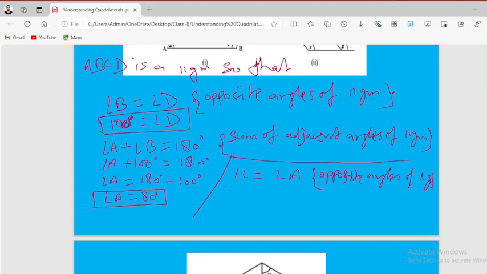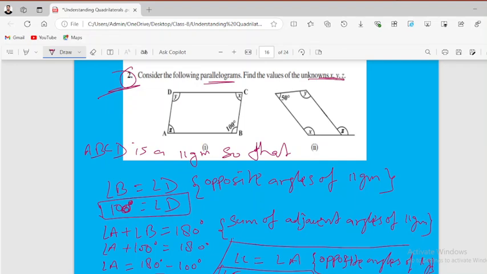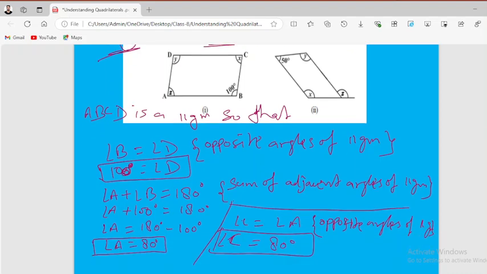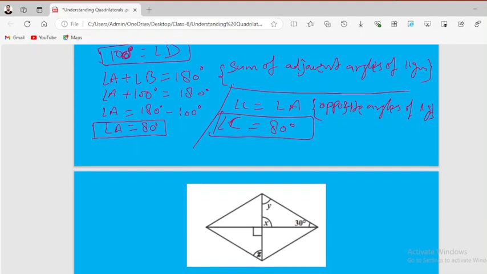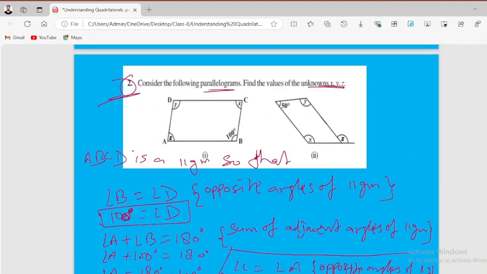So angle C is 80 degrees. This is basically the solution of figure number 1. In the same way, we can calculate the unknown angles of figure number 2 and solve it similarly.